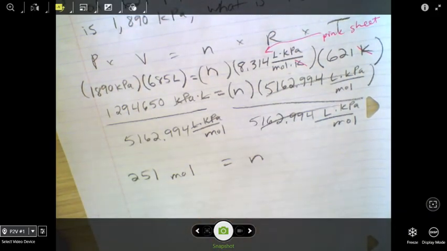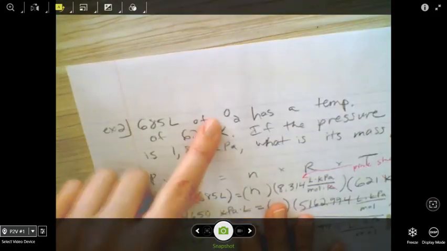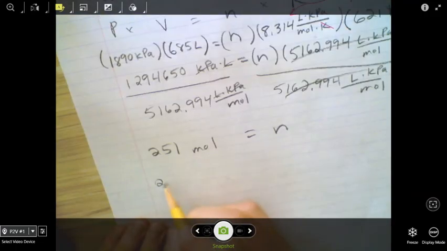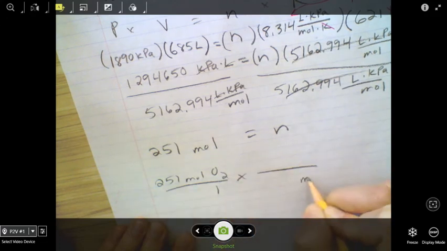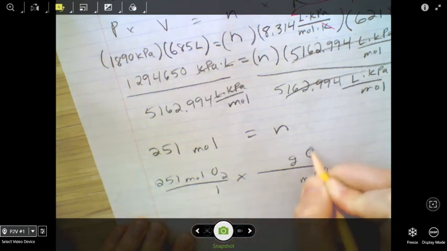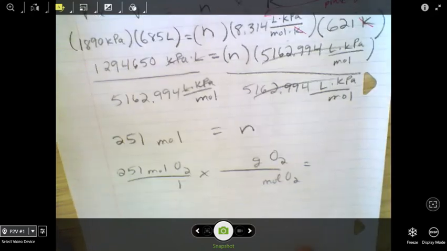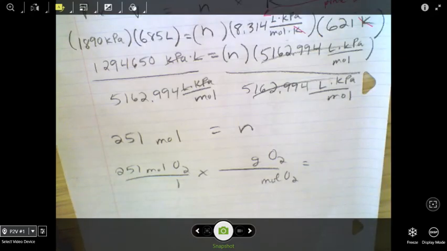So that's how you verify you did all your math right, but always pay attention that it's asking for the mass. So just do a quick conversion. The gas is O2. So just quickly convert 251 moles of O2 into grams of O2. Just do a quick mole to gram conversion. It's going to be pretty heavy. That's a lot of oxygen.